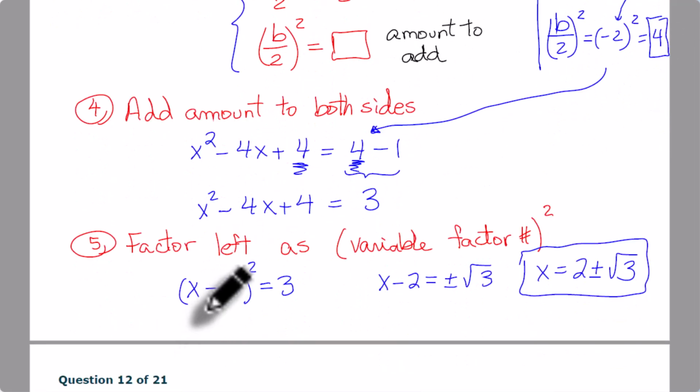So look, I just fill it in. So that thing squared equals 3. But now it's easy. It's exactly the square root property. And so I get x minus 2 equals plus or minus the square root of 3. And move the 2, and we are done.